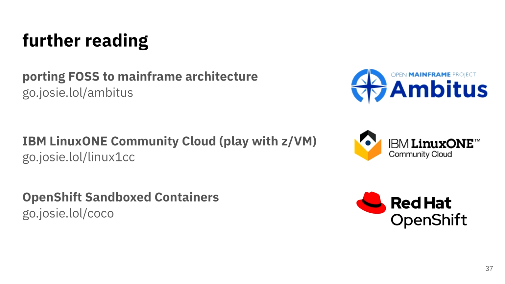There's the LinuxONE Community Cloud, because of course not everyone has a mainframe at home to play around with. You can get a z/VM, and I think it's free for half a year. And if you run an open source project, then you can apply to have a permanent z/VM. And finally, if you want to learn more about OpenShift sandboxed containers, there's also a Red Hat page on that that I've linked for you.